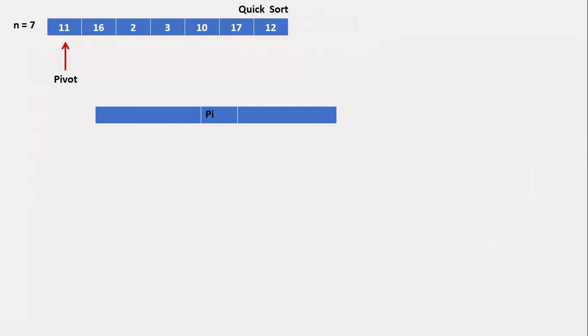So this is our pivot element, or we can say the key element as the pivot element, and this is my partition 1, and this is partition 2.